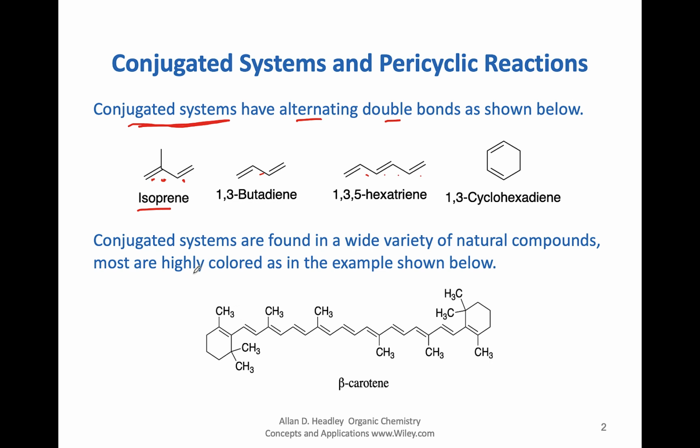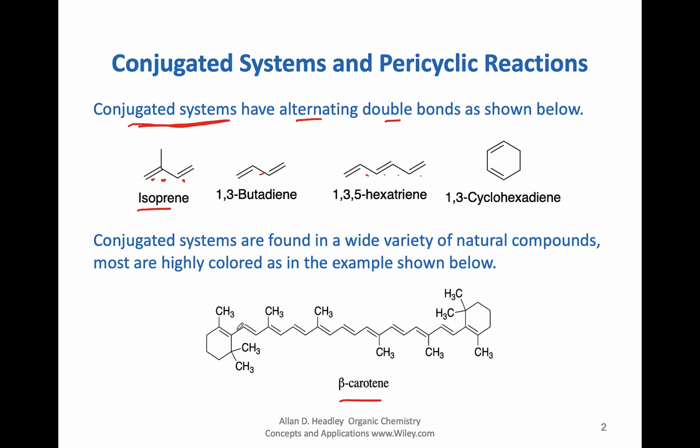Let us look here at the importance of conjugated systems in nature. They are widely found in nature. And here's an example, beta-carotene, as we have seen here in this example. Notice that it has a lot of alternating double and single bonds, as shown here.